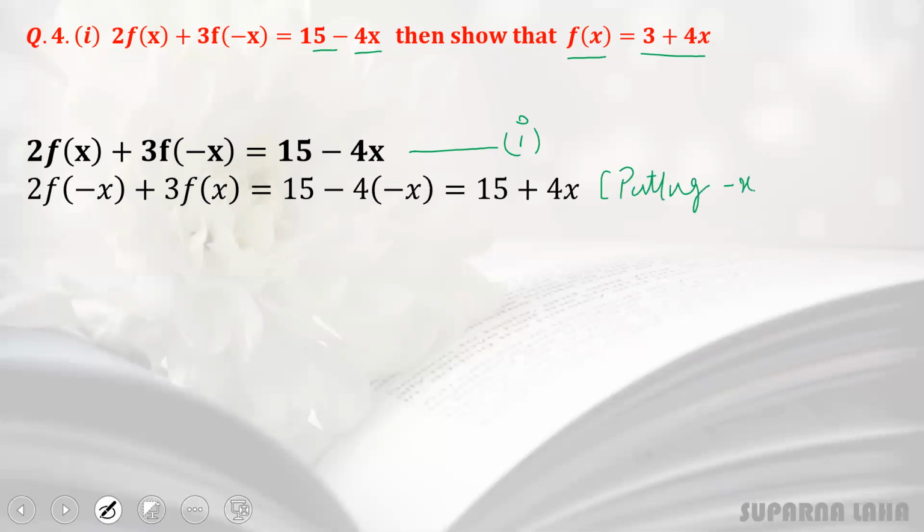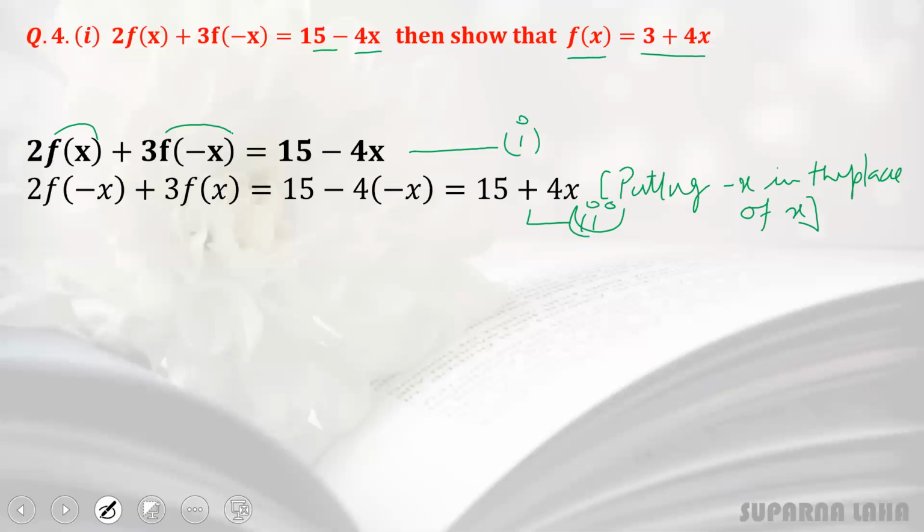Numbering this one as 2. So now this is equation number 1, equation number 2, and 2 unknowns are there, that is f of x and f of minus x.